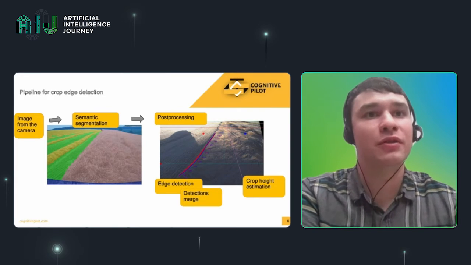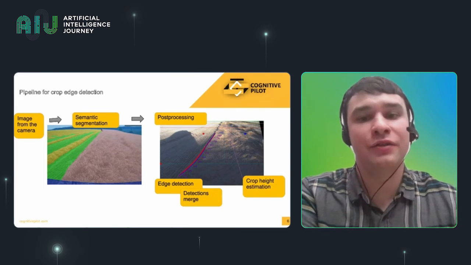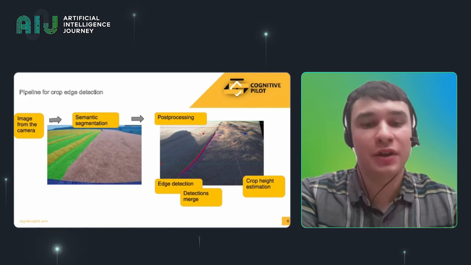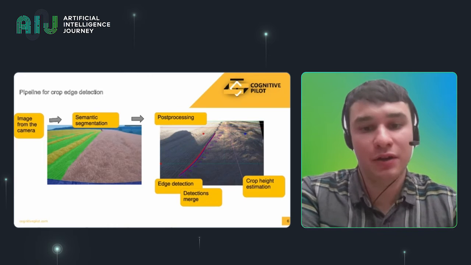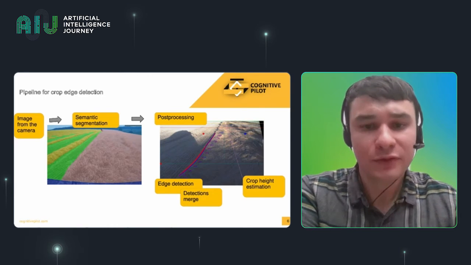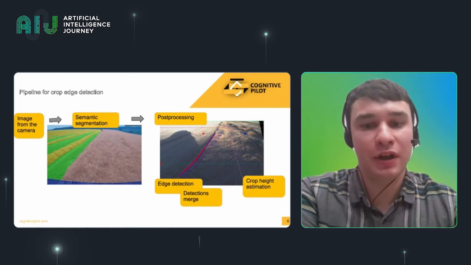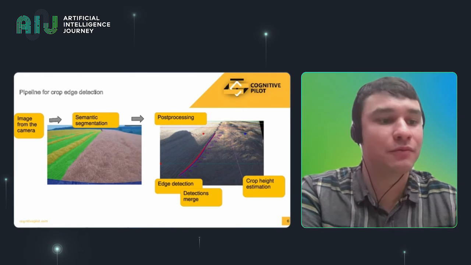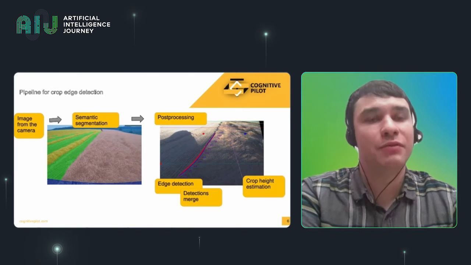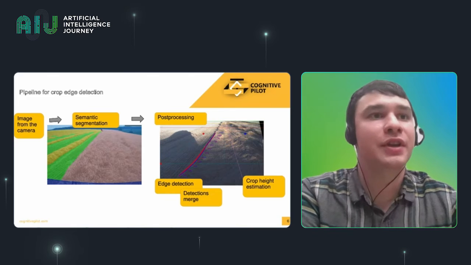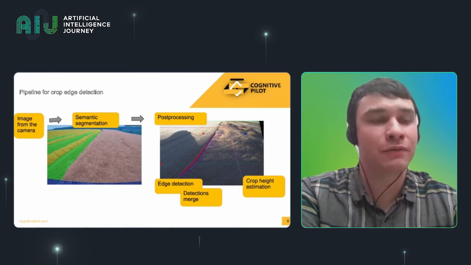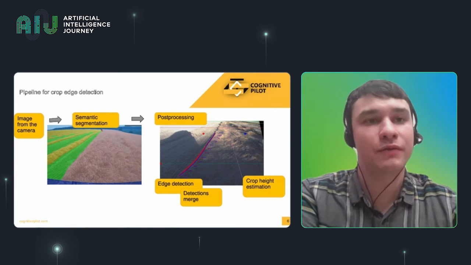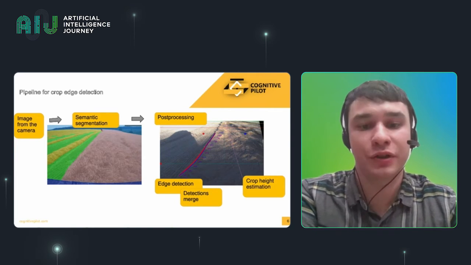So we need to reproject our detection to the ground, and we need information about the height in this case. And we also have some algorithms of merging the detections between the frames to increase the accuracy and stability of our detection of the trajectory to control.